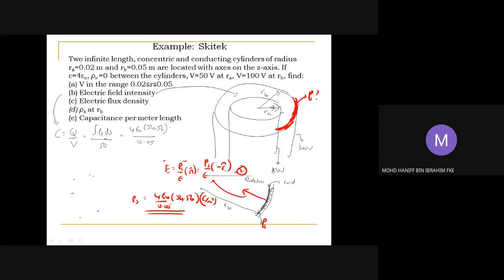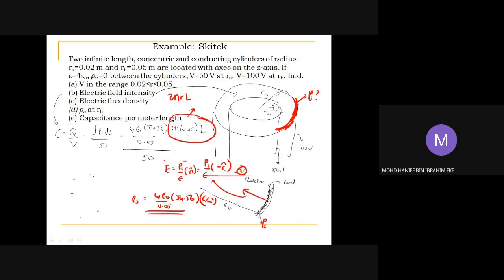So the ds should be based on 2 pi times 0.05 multiplied by the length L, and this should then be divided by 50. This ds is based on the equation 2 pi RL, the area of your cylinder, in which we take R to be 0.05.